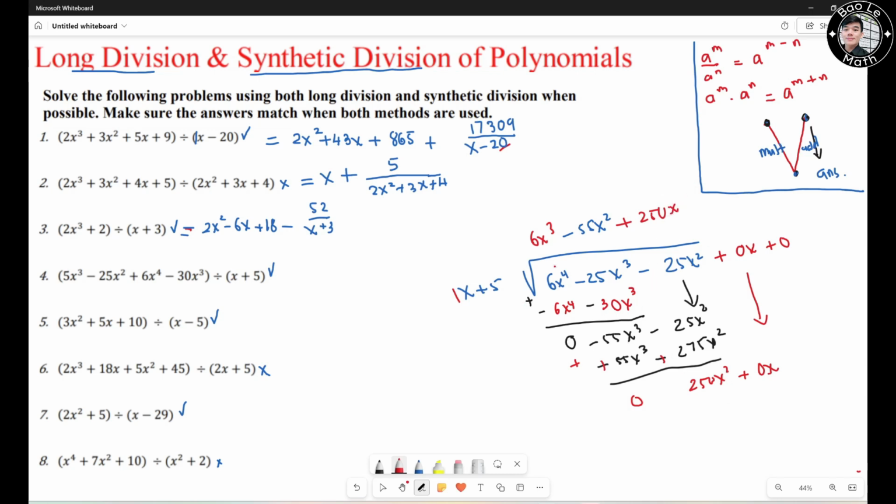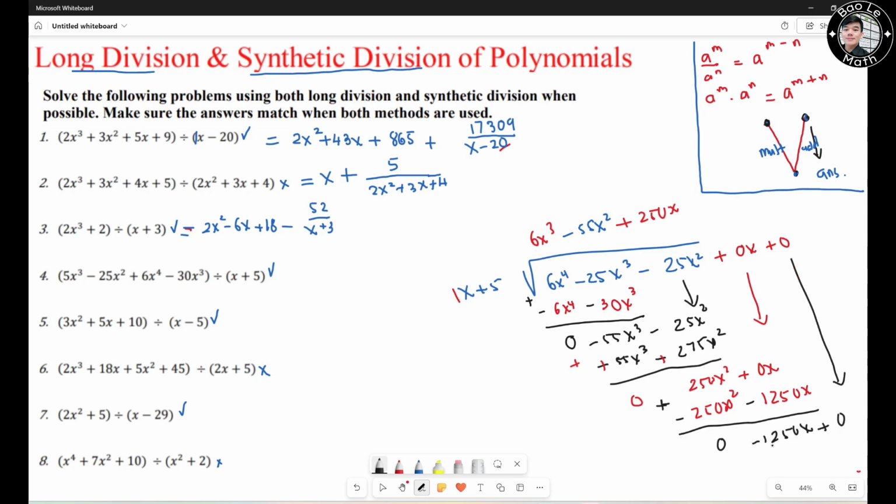So multiply this one back, it's going to be 250s squared, and 250s times 5 is going to be 1250s. Now change the sign. This plus sign becomes negative, this plus sign becomes negative. Add them up. So this guy is going to be 0. This guy is going to be negative 1250s. Now bring 0 down.